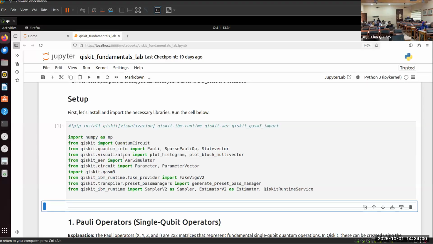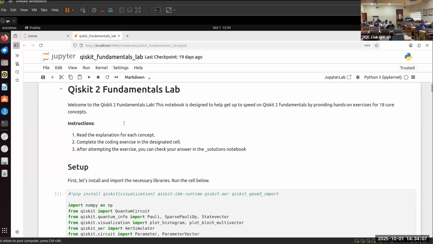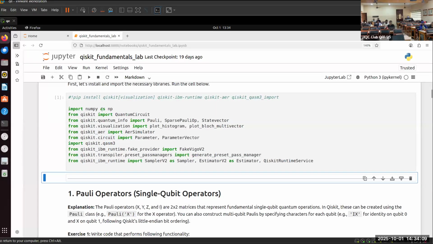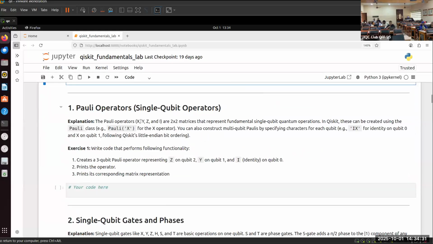If I scroll up, I cannot see any other number, which means this is the first cell I executed. It has no output because I'm not seeing anything new, but it has been executed, and it is the first one. So I can move on.